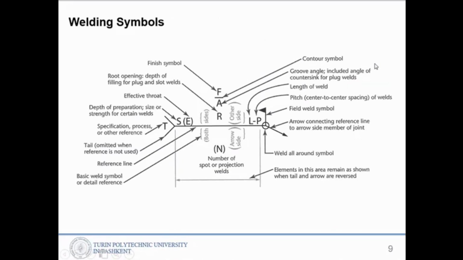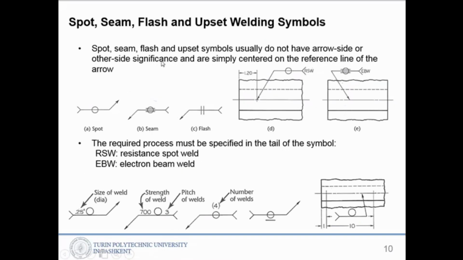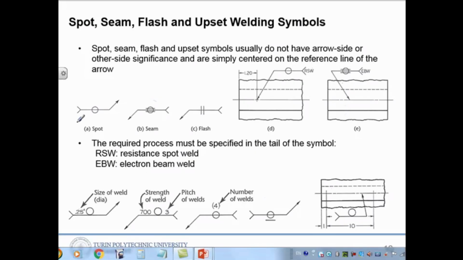So here are some examples of spot, seam, flash, and upset welding symbols. This one is the spot welding, shown simply with a circle in the middle.